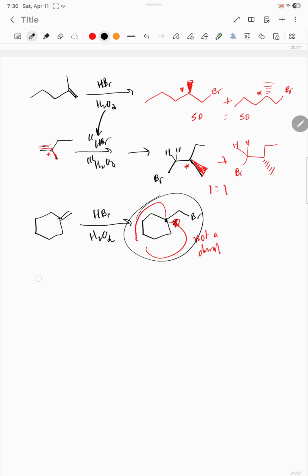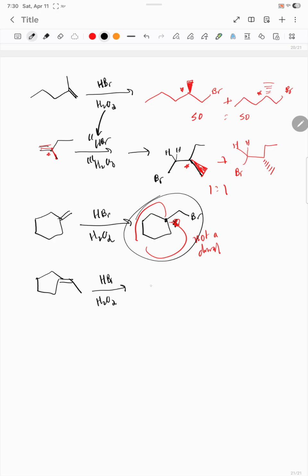Now, if we look at this molecule and do HBr and peroxide, what happens?